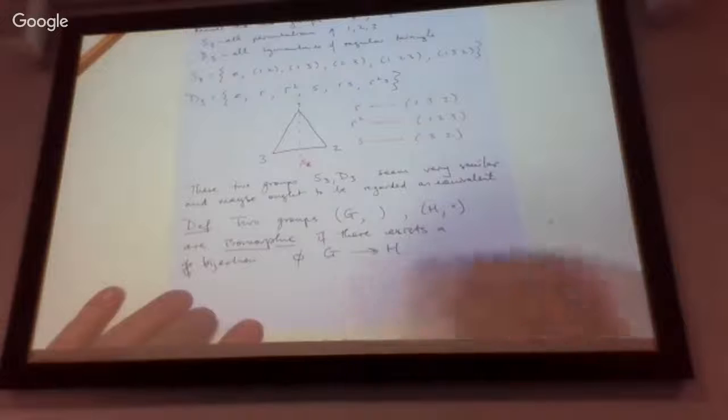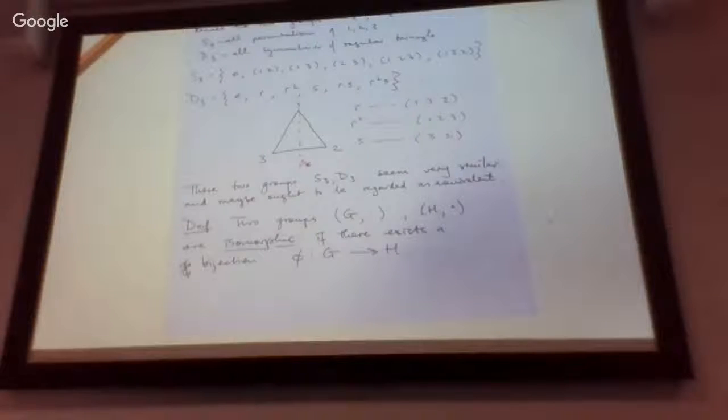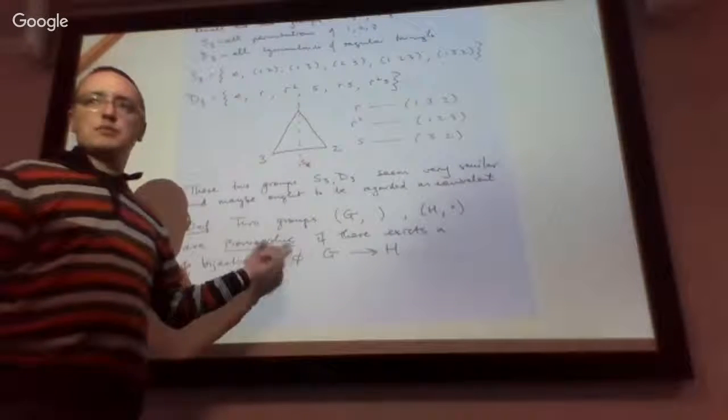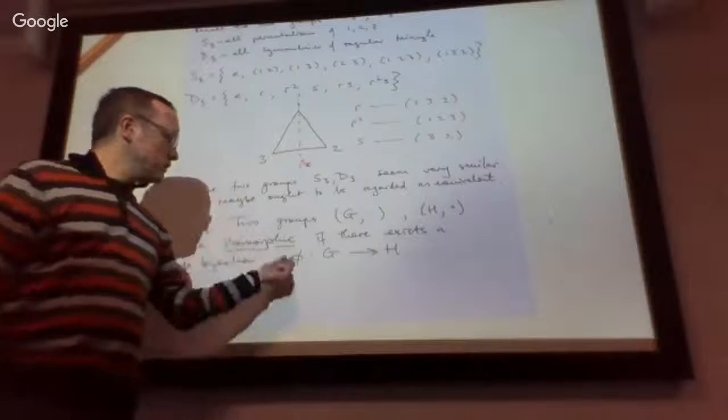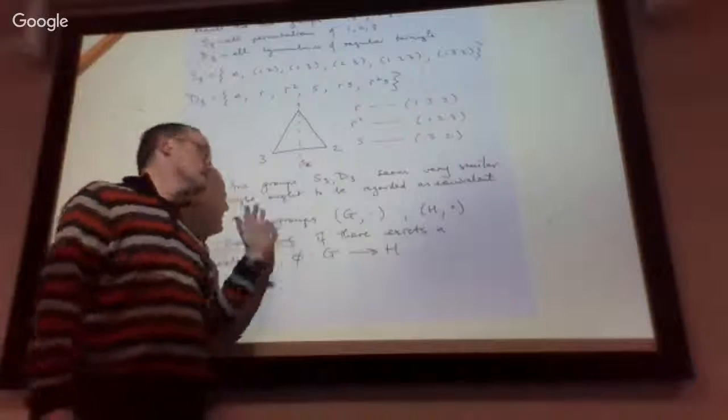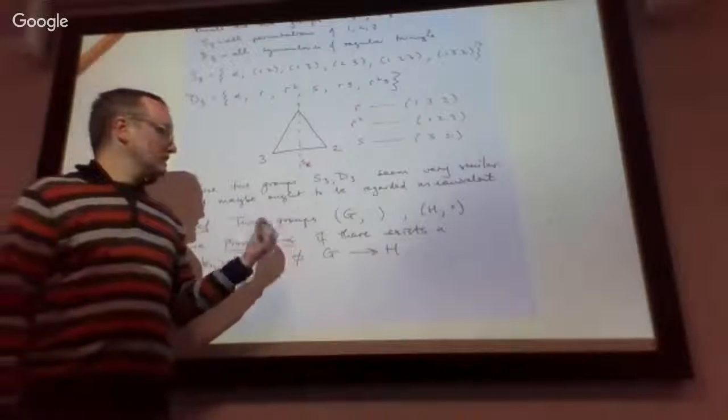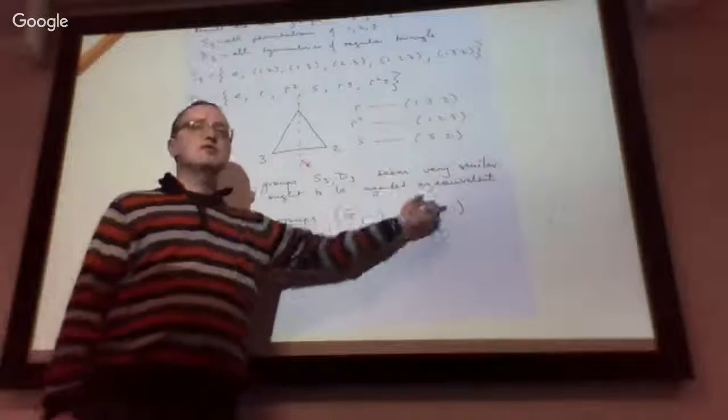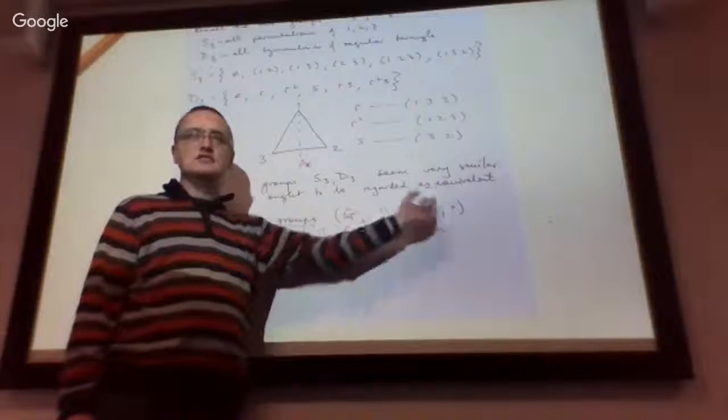So if there exists a bijection phi, but now not just any old map between the sets. This is what I've spent some time commenting on in the reading notes. This function has to have a very particular property. There are different ways of saying it. One way is, we want it to respect the group structure in the two groups.